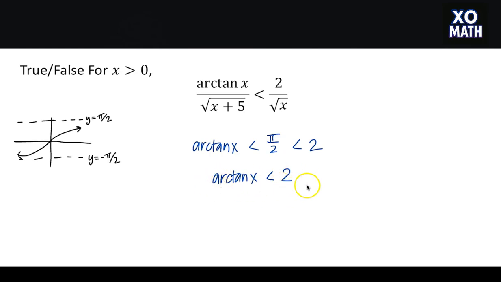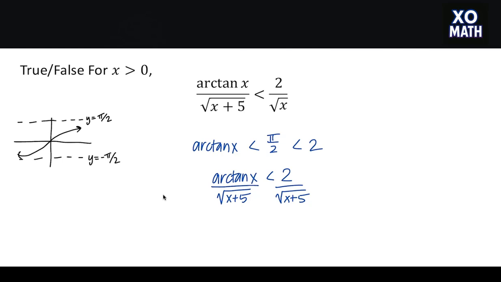We reasoned our way through that, so we know for sure this is true. If we have a true inequality and we divide both sides by a positive quantity, the inequality will still be true. So I can divide both sides by the square root of x plus 5.